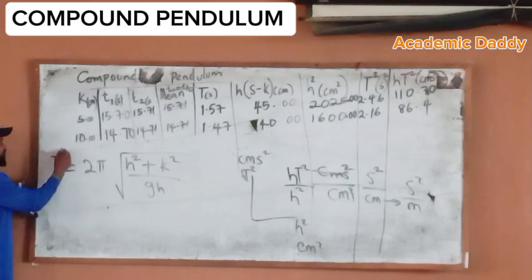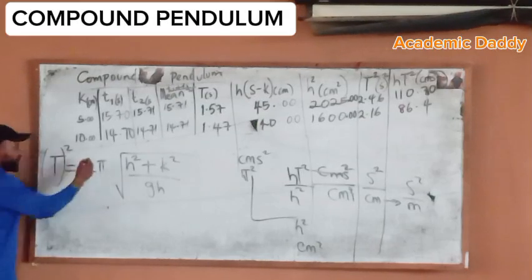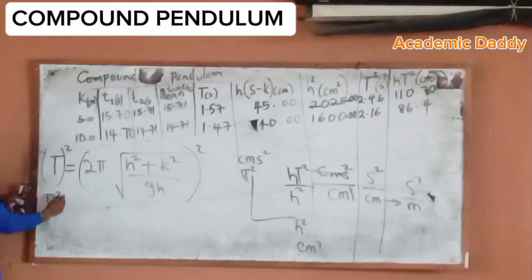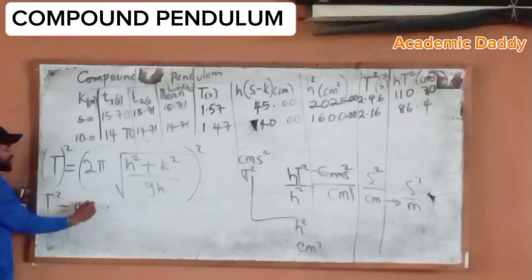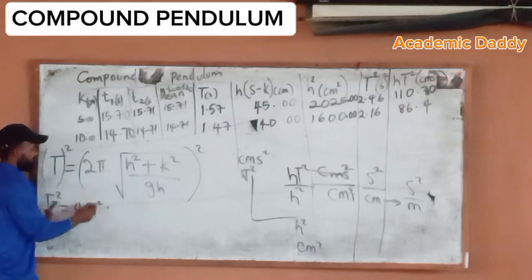Now, take the square on both sides. Once you are trying to get slope with the equation, that should be your business. That thing you have to do on this side, then the other side should be the slope. So take the square of this. You see that I have T squared equals the square of 2, which is 4, pi squared.